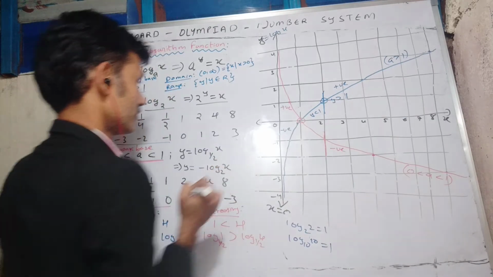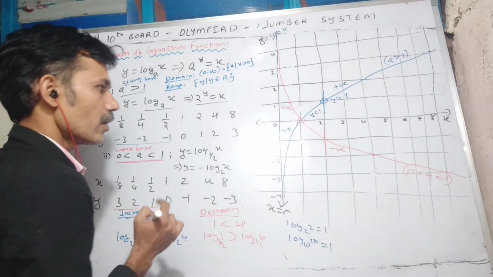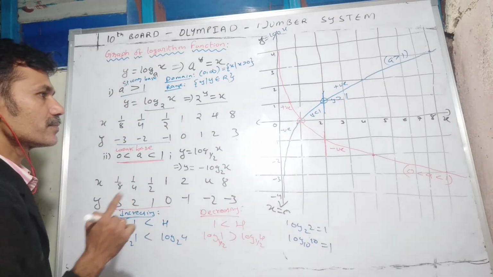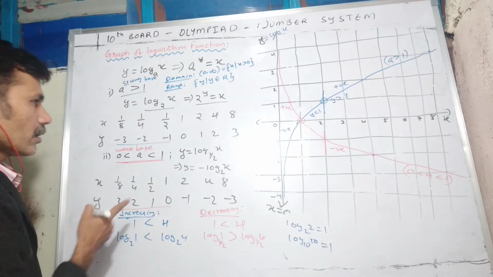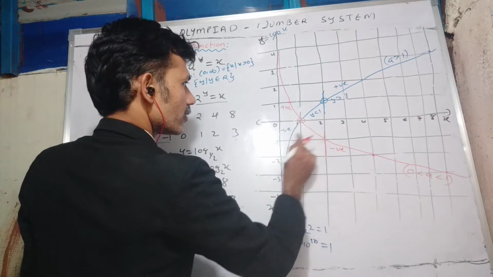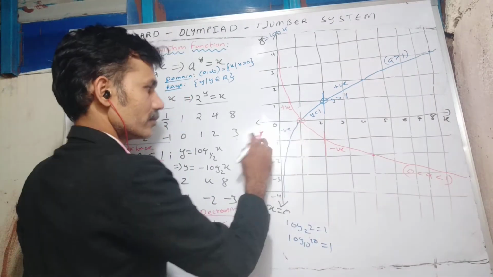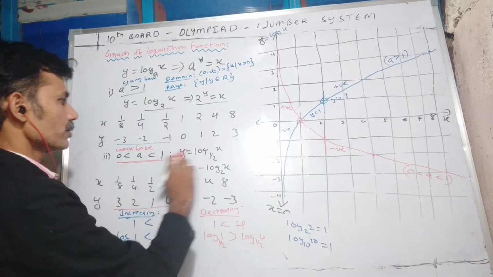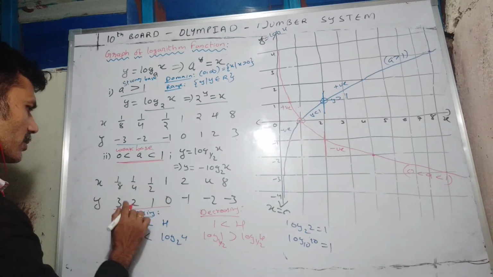Similarly, when the base is a proper fraction, where will it be? Here it will be. Up to here, what happens? When you take the domain from 0 to 2, what changes are you getting?